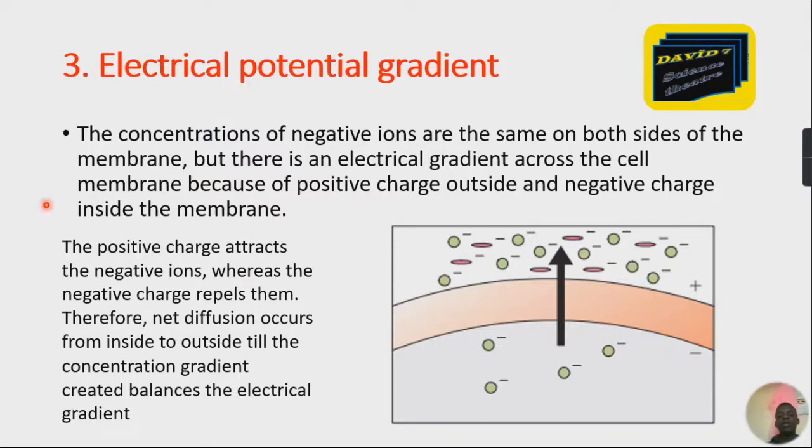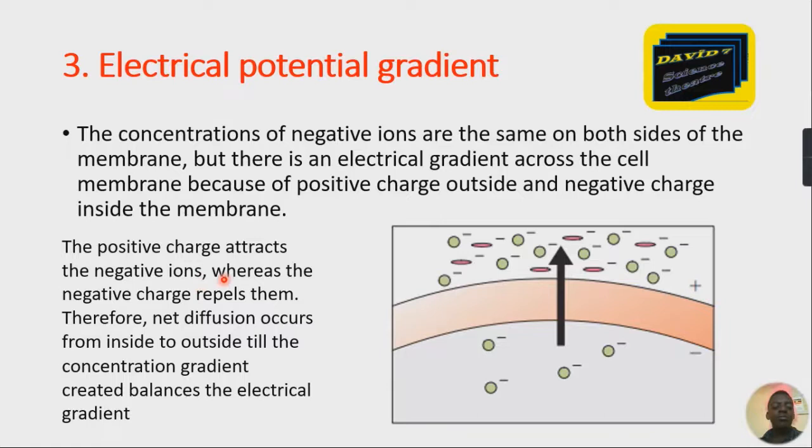The positive charge will attract the negative ions, whereas the negative charge will repel them. You had the same number at first, but the negative charge is repelling these negative charges from inside the cell to go out, and the positive charge is also attracting them.